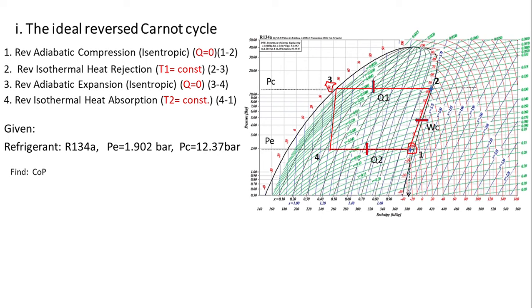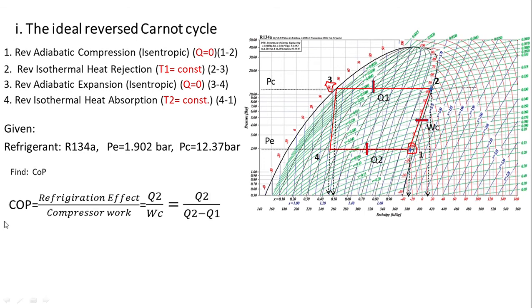We can find the COP by using the relation COP is equal to refrigeration effect upon compressor work, and that you can write as Q2 upon WC. Now for WC you can write Q2 minus Q1, that is the compressor work.